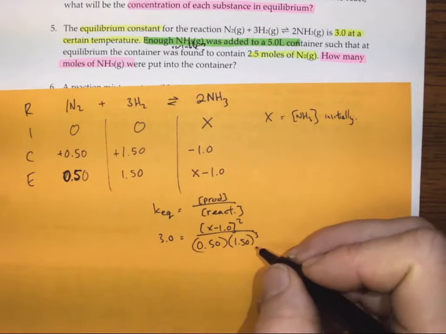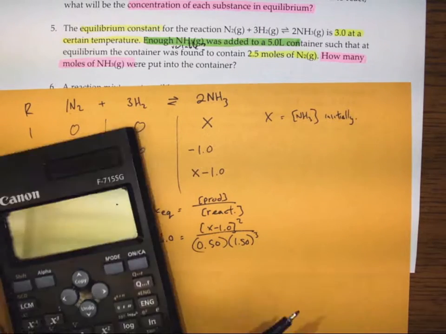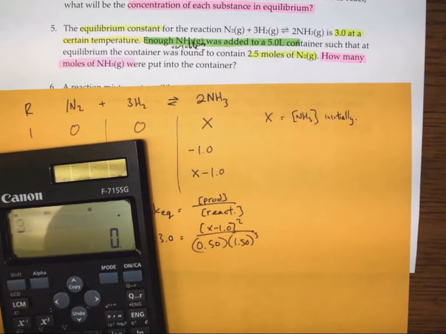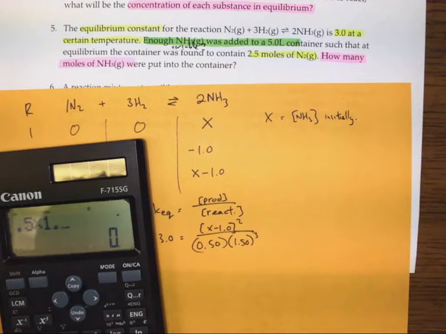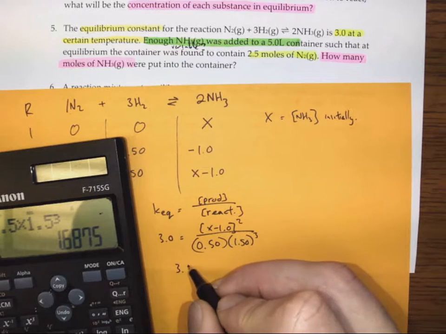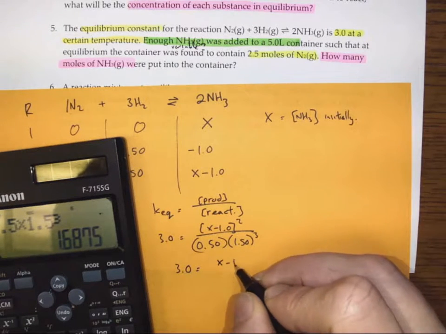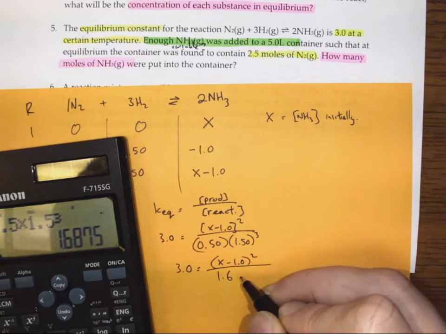I should be able to simplify all that on the bottom and get some relatively nice number. So 0.5 times 1.5 cubed, okay, that means 3.0 is equal to X minus 1.0 squared all over 1.69.